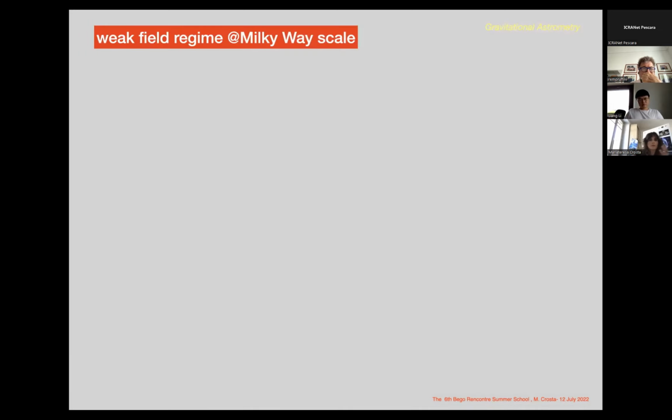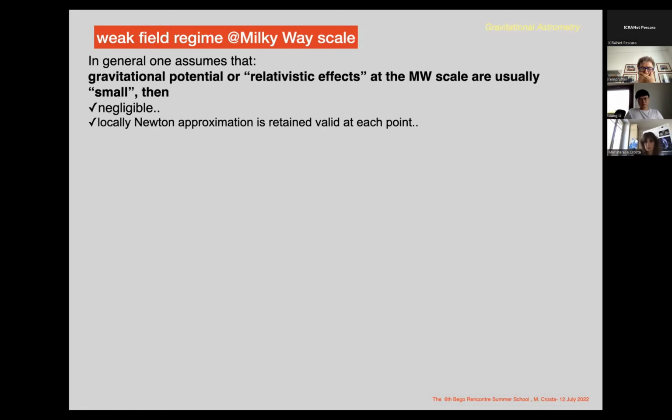Let me say a few words about the weak field regime at Milky Way scale. In general, one assumes that gravitational potential and relativistic effects at Milky Way scales are usually small, then negligible, and locally the Newtonian approximation is retained valid at each point.